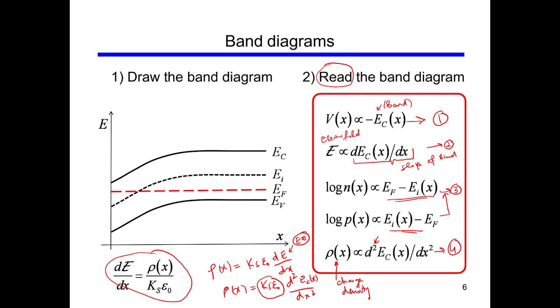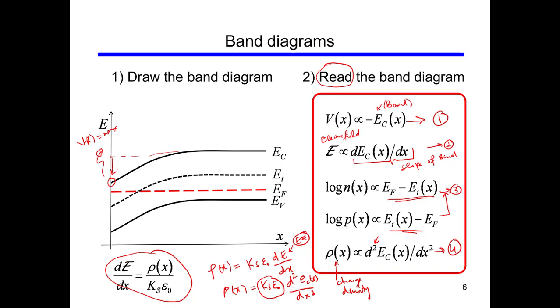If I explain it from here, you see that on this point, the band has bent because Vx was maximum here. So it pushed EC from here to a lower point.